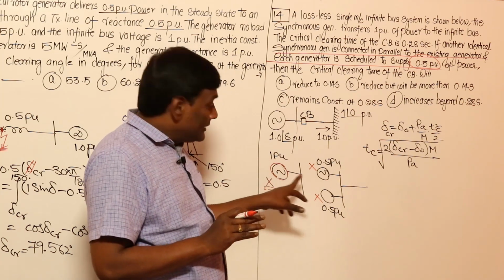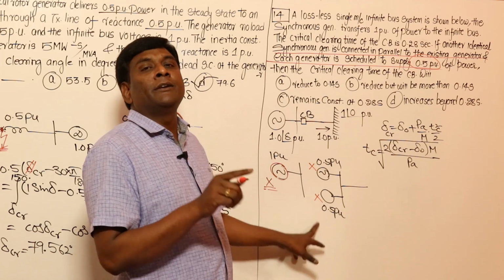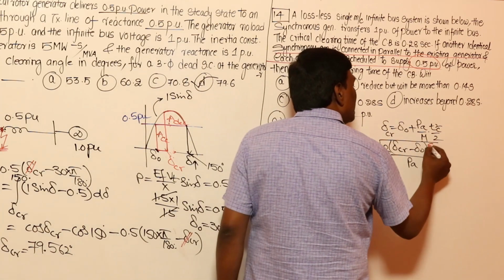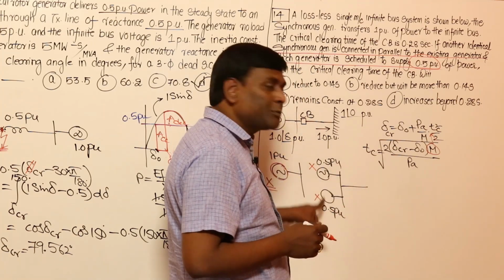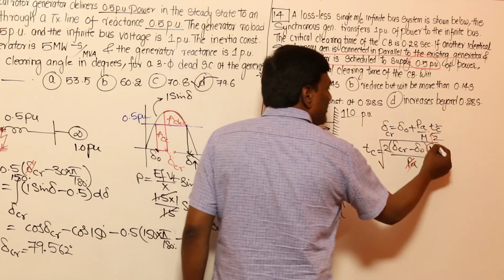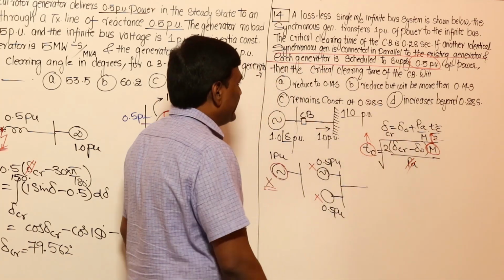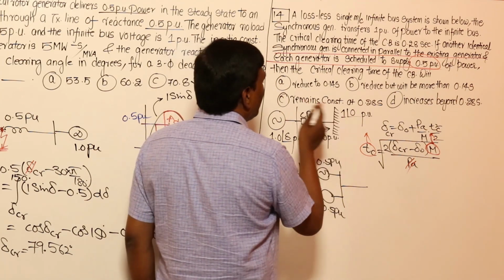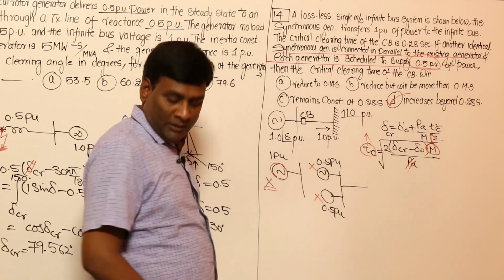So M, this is M, and this is also M only. So net M equivalent will be increased, but accelerating power will be the same, because 0.5 plus 0.5 is going to be 1. So M is going to be increased. It means that my critical time has to be increased beyond 0.28 second.